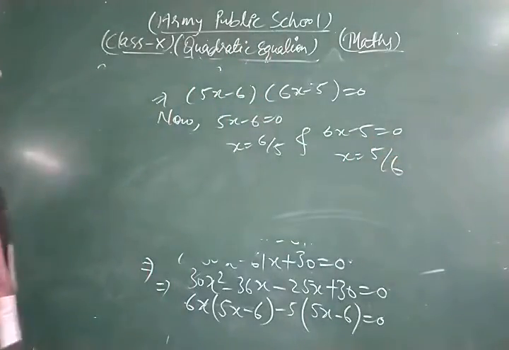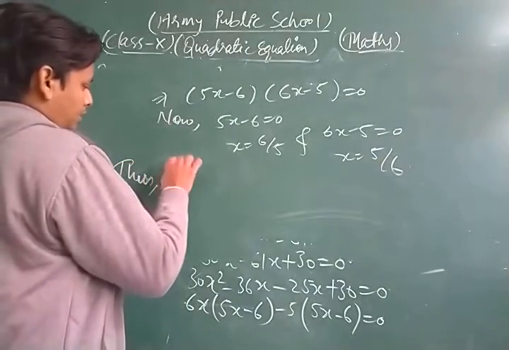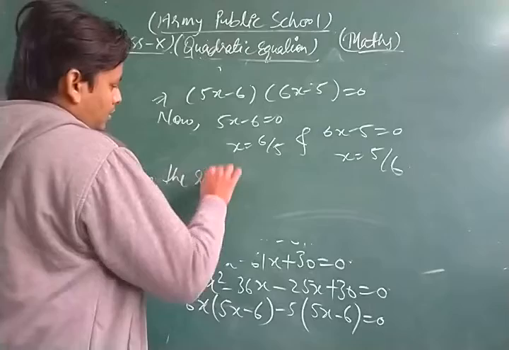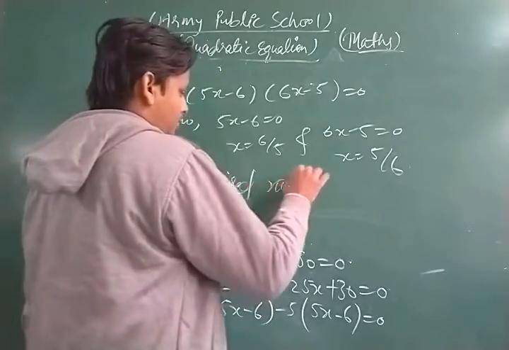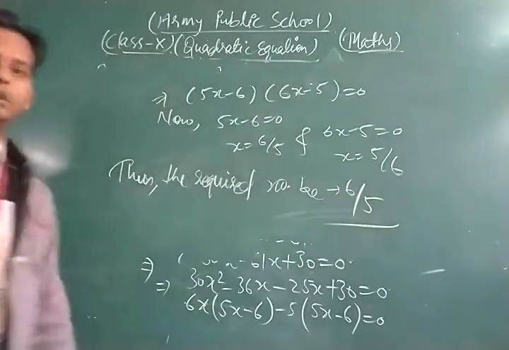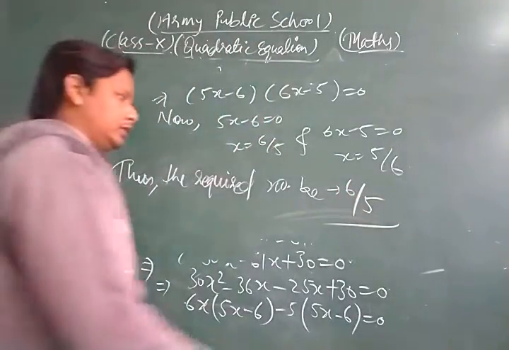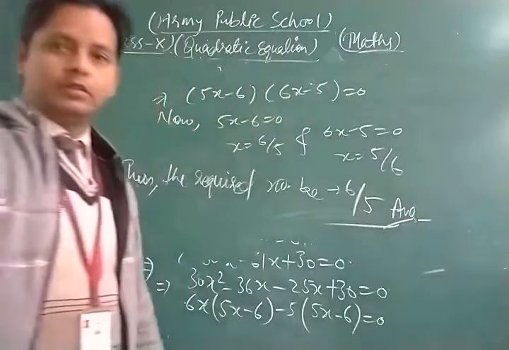So in this way, thus the required number is 6 upon 5. This is the required solution of the given question.